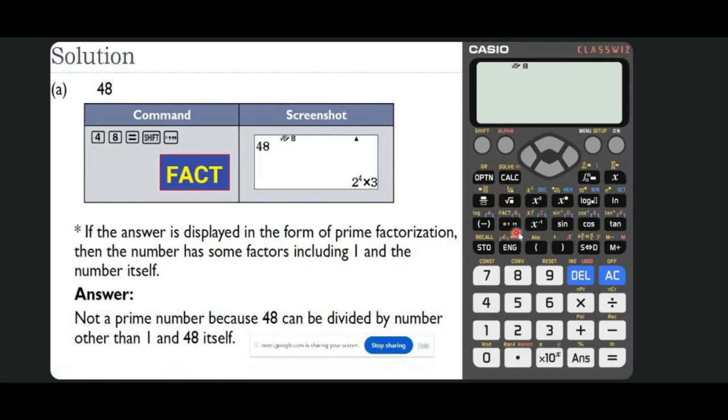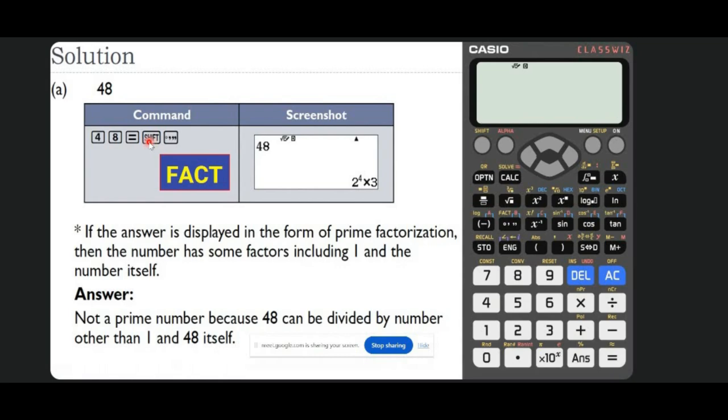So this button. Why do you need to press this button? Because I want to use the yellow function, FACT. FACT means factor. I want to find the prime factor, so I need to use the FACT symbol.